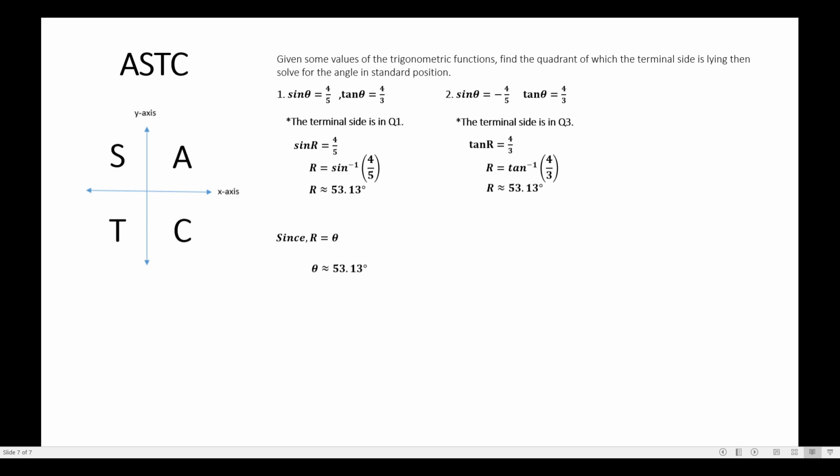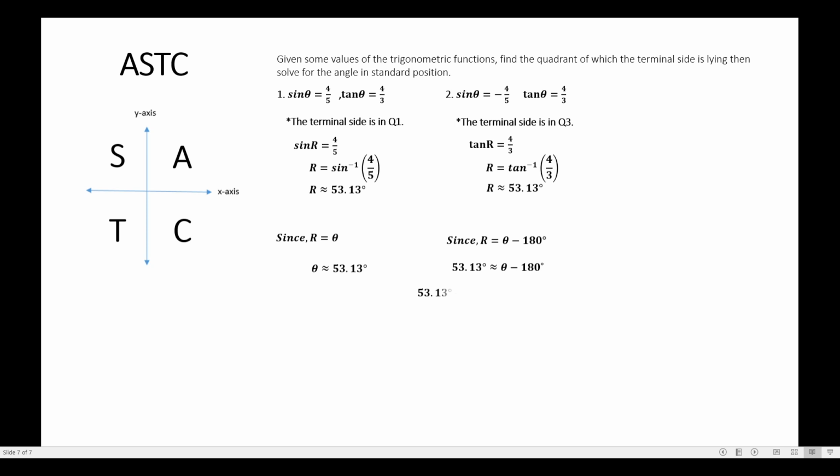the correct answer. So since r is equal to theta minus 180 degrees. Why? Because this is in quadrant 3. Remember the lesson in reference angles. Since the reference angle is equal to theta minus 180 degrees if it's in quadrant 3, then we have to use that formula and substitute the value of r, 53.13 degrees. I'm already using the approximate value here because 53.13 degrees is only an approximate.